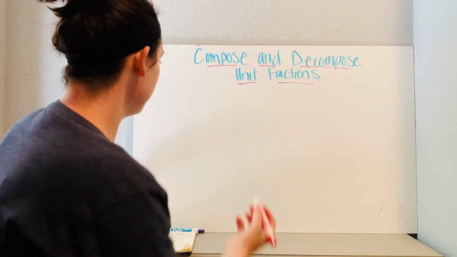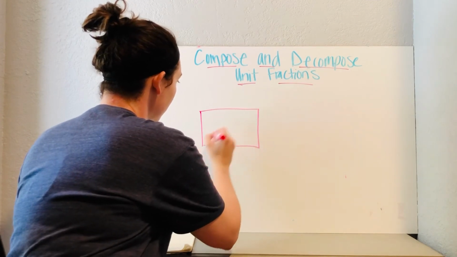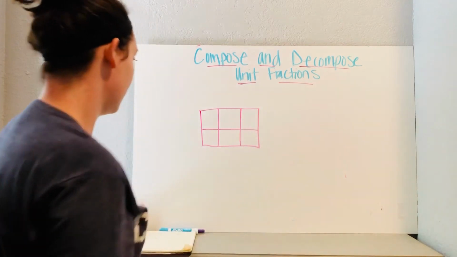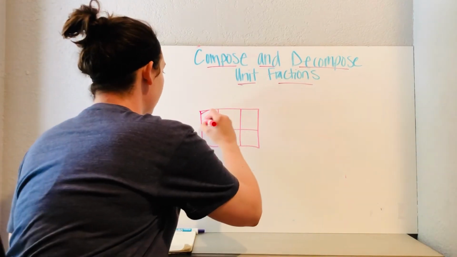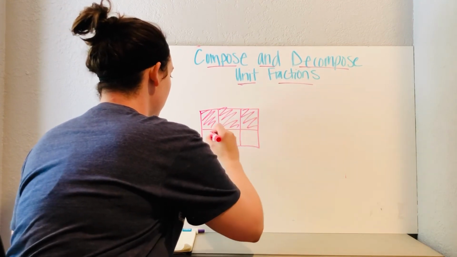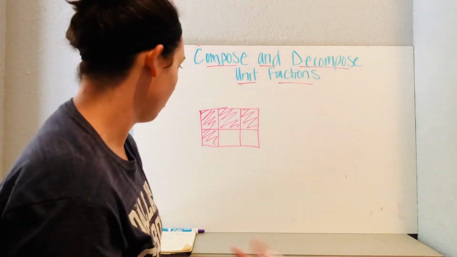Now we're going to decompose. We're going to pretend that that's a little bit more equal than it is, but we have 1, 2, 3, 4 pieces shaded in, right?